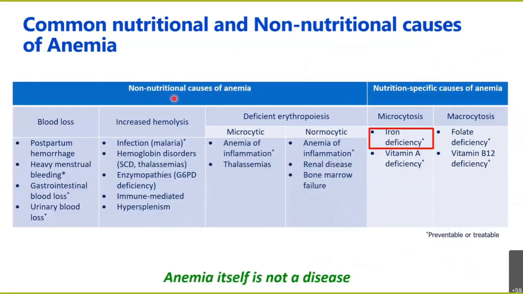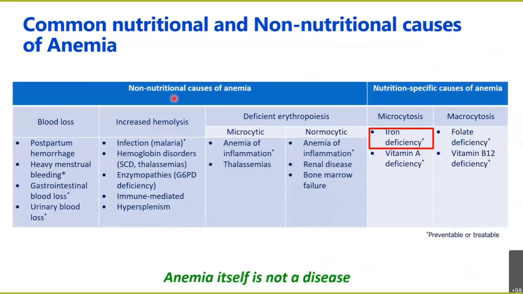Then there can be deficient erythropoiesis. The erythropoiesis itself, the production of these RBCs itself is hampered. Like if there is certain kind of inflammations, like in certain thalassemias, or the bone marrow failure, the marrow itself is not able to produce these RBCs.